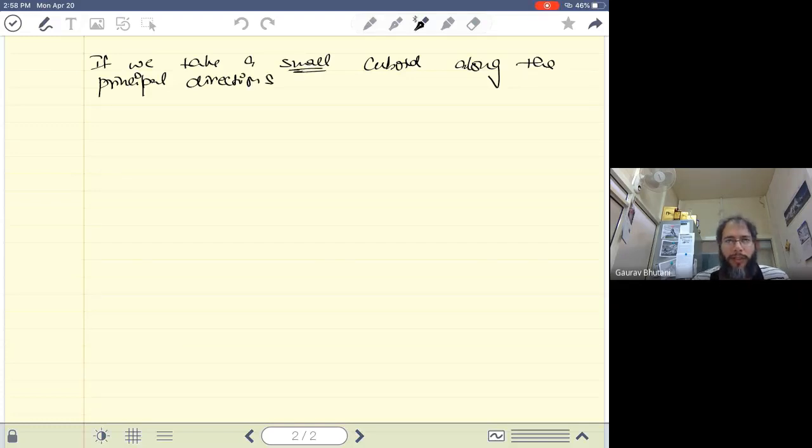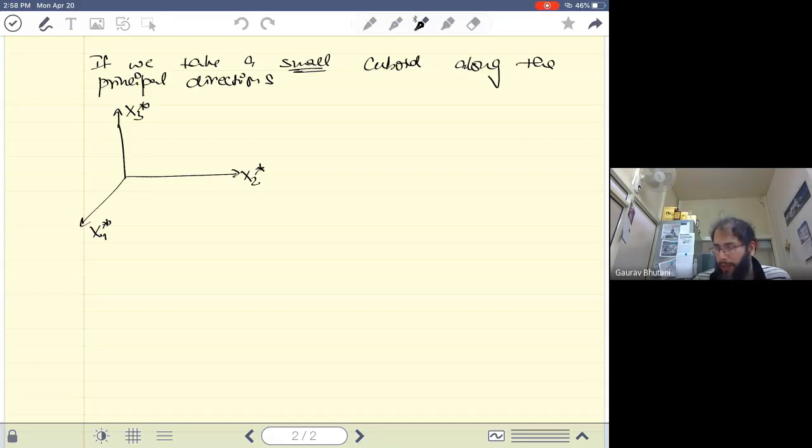That means that the vectors are infinitesimal in length. So let's denote three directions as x1 star, x2 star, and x3 star. All right.